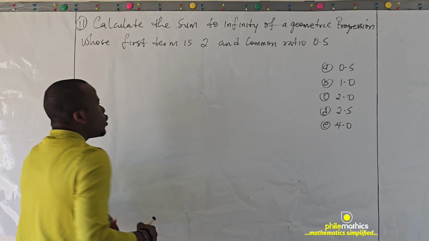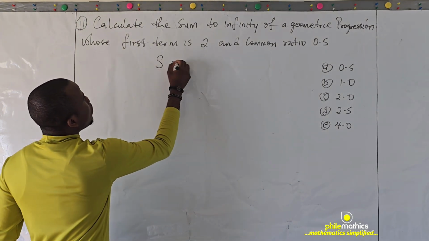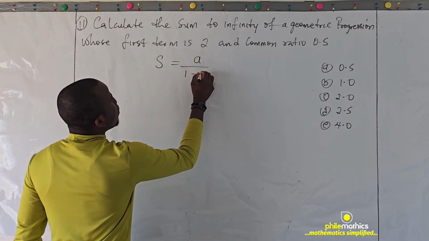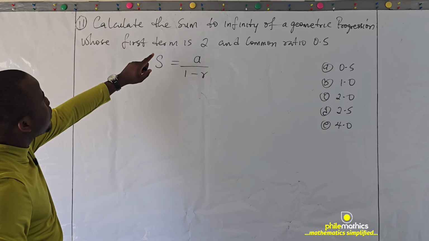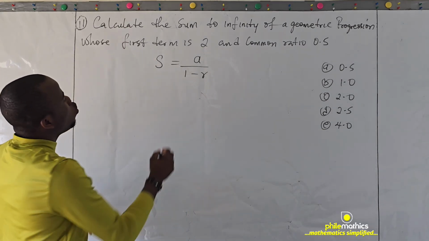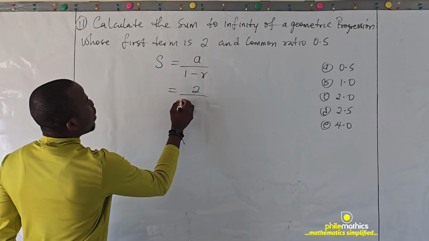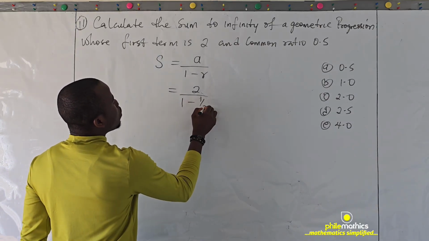You want to recall the formula for sum to infinity. The formula says sum to infinity is first term over 1 minus the common ratio. And we are told that first term is 2 and the common ratio is 0.5. So 0.5 is known as 1 over 2, 1 minus 1 over 2.